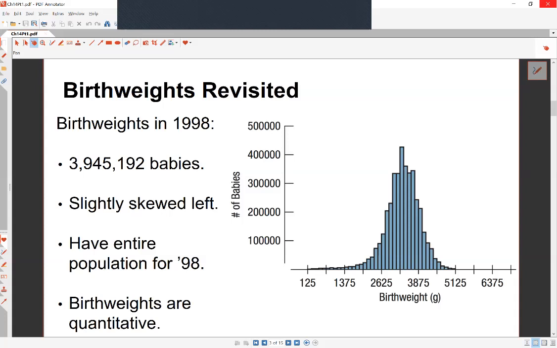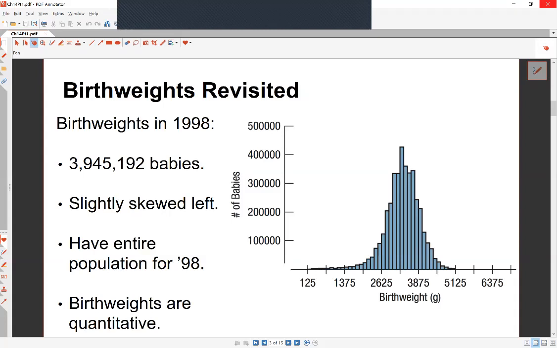So this data set that we discussed from 1998, it looked at all babies born in the US that year, nearly 4 million of them. And the histogram you see on the screen shows you the distribution of all birth weights. You'll see, it looks close to symmetric. It is a little bit skewed to the left.